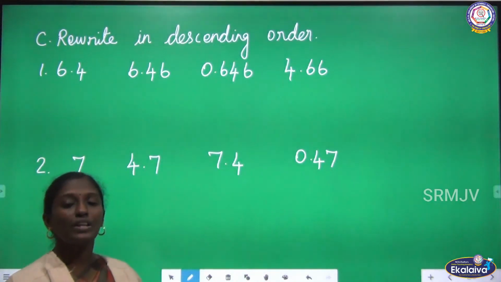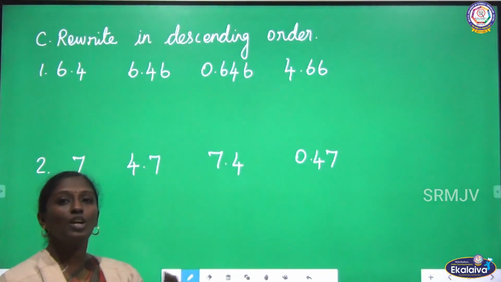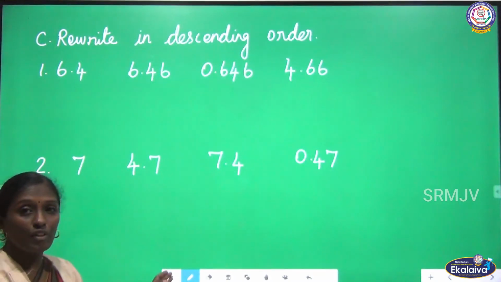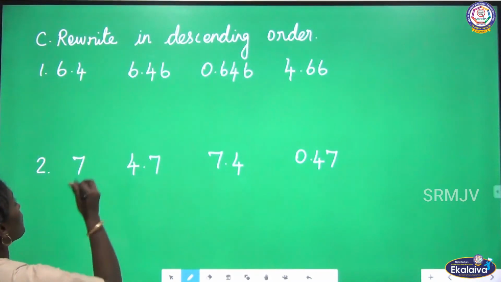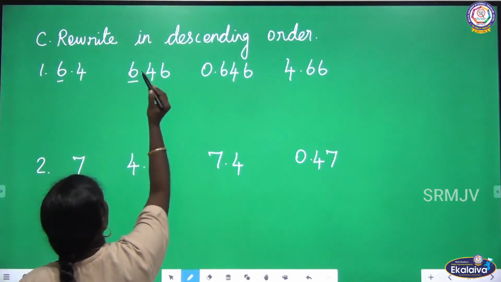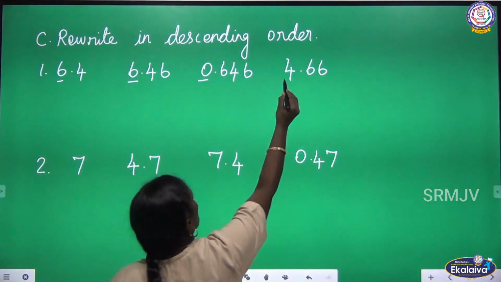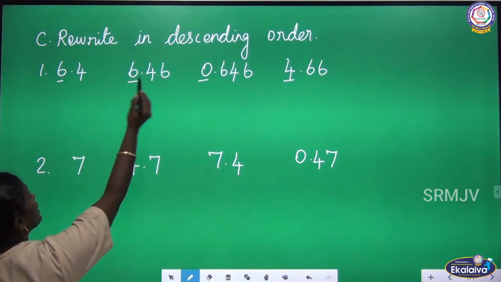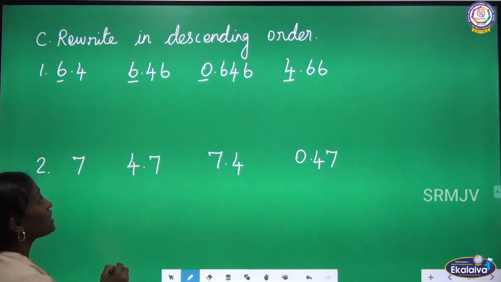Descending order means we have to arrange it from greater number to smaller number. Similarly we are going to identify the greater number. First step we have to check the whole number part: 6, 6, 0, 4. So 6 is the greater number. In these two decimal numbers we are having 6.